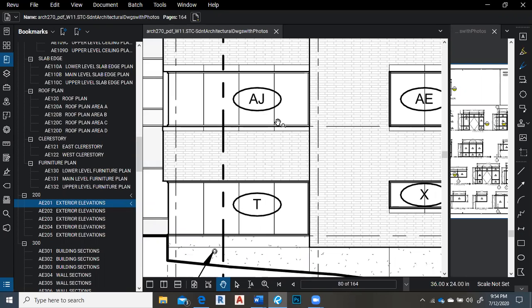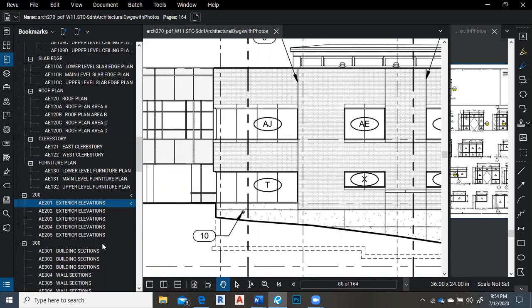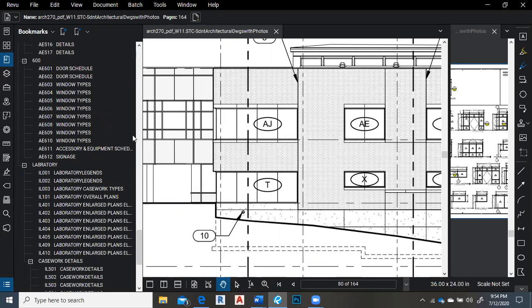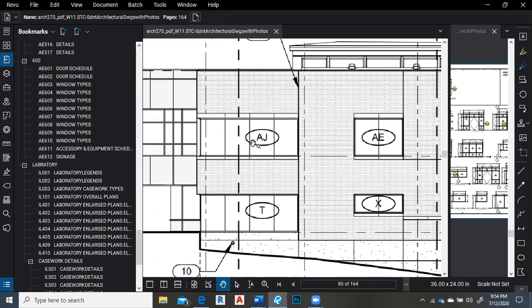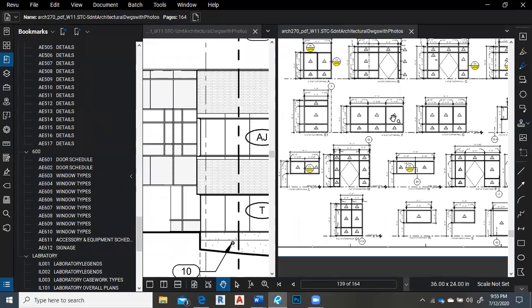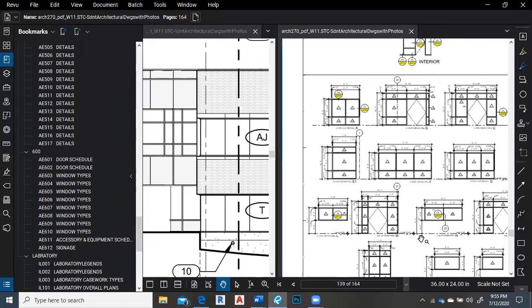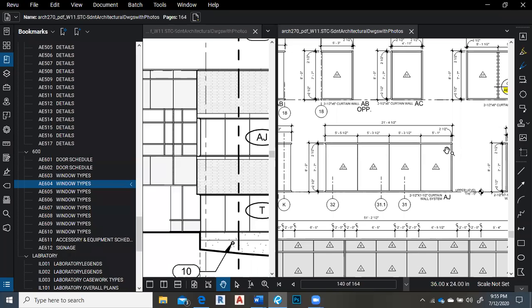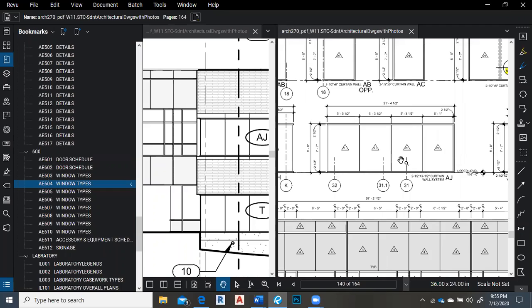What these are, they're window types. And if you go into window types and, for example, search up AJ, you would be able to find what you're looking for after just looking through a few of them.